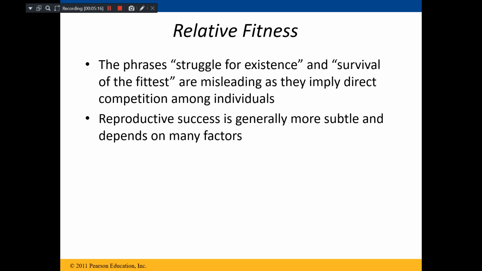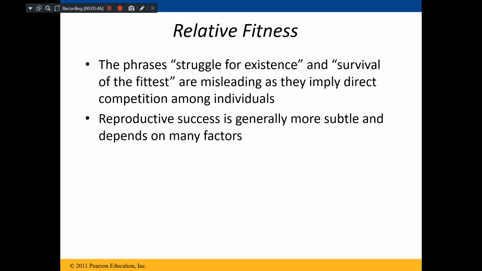But now we know that struggle for existence or survival of the fittest means reproductive success, which is more subtle and depends on many factors. In order to carry forward any of the variations, any of the characters, the organisms possessing those characters should be able to reproduce.